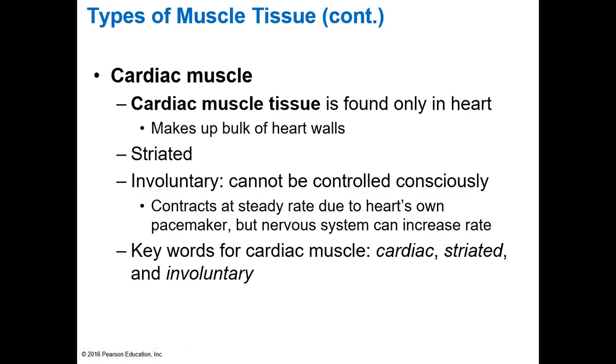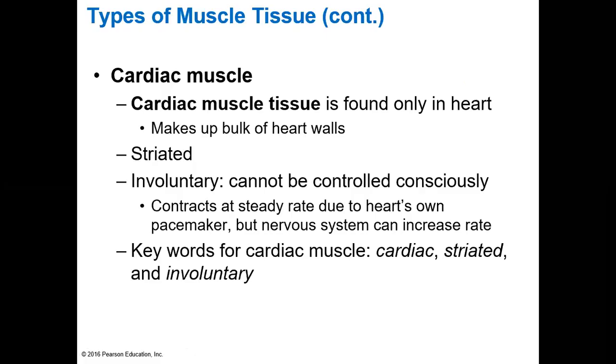Skeletal, striated, and voluntary, words that you need to know for muscles. Cardiac muscle, it's found in the heart. That's what cardio means. What does the -ic or -iac mean in medical terminology? If we took this word and pulled it apart, it would be cardi, and then the suffix is -ac.